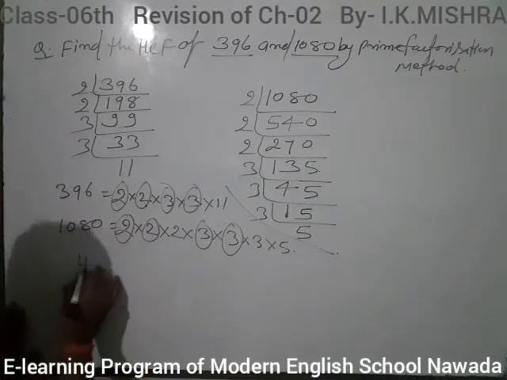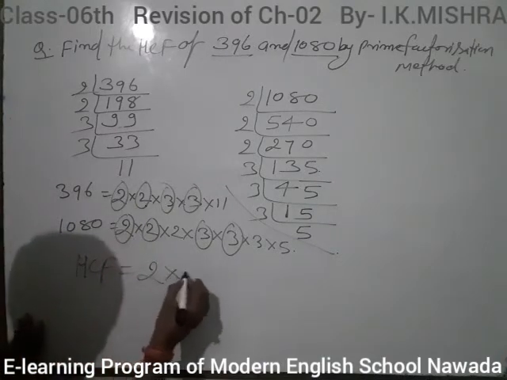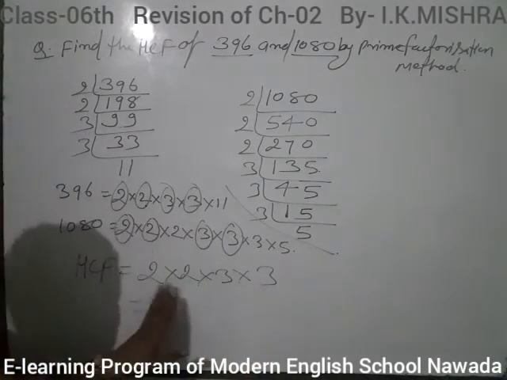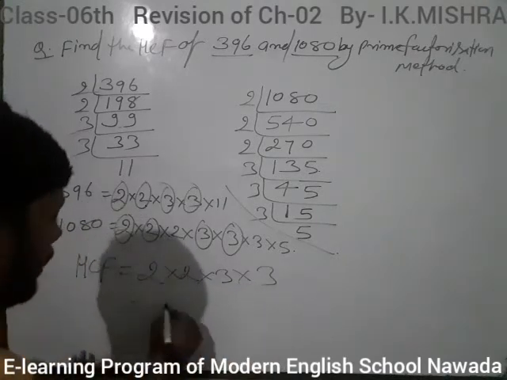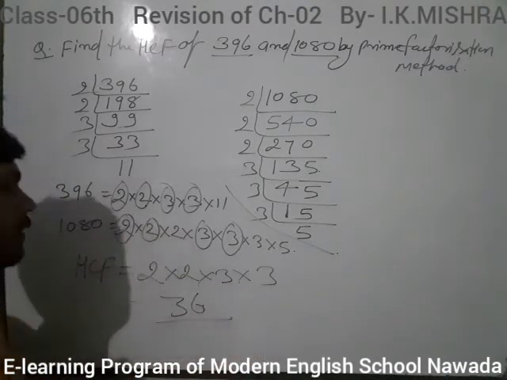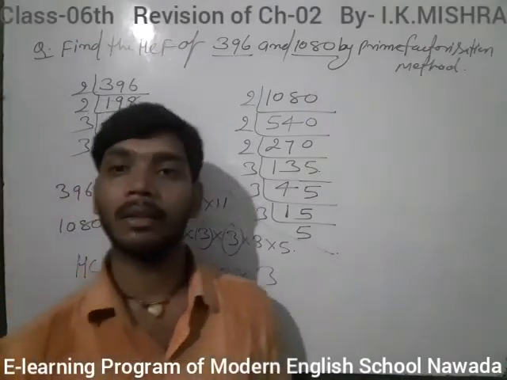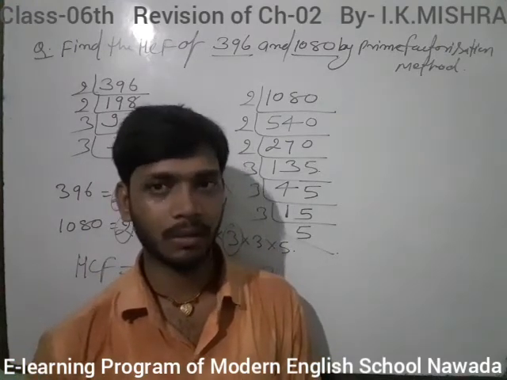So HCF is equal to 2 into 2 into 3 into 3, that means 4 into 9, which is 36. So its HCF is equal to 36. Similarly students, you can find the HCF of any two numbers by prime factorization method.